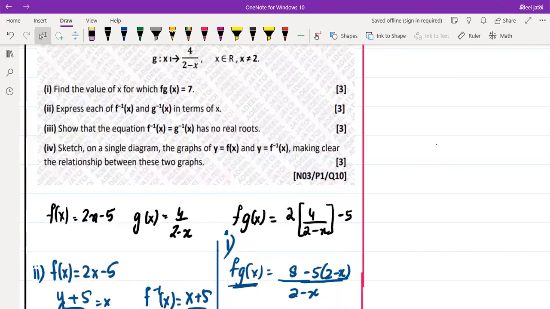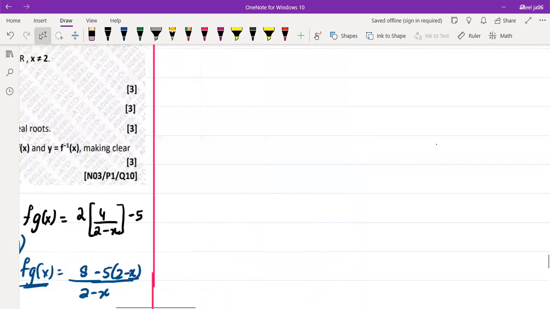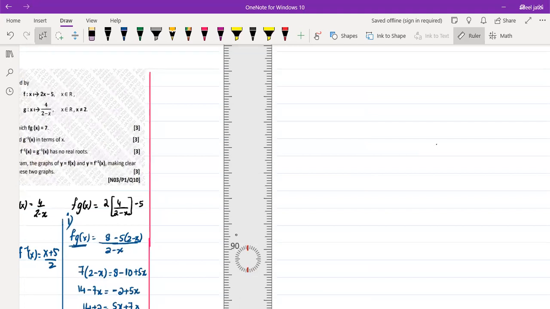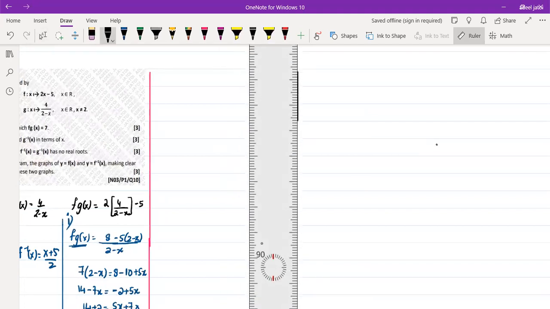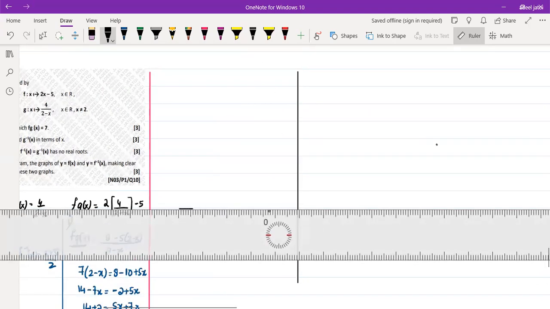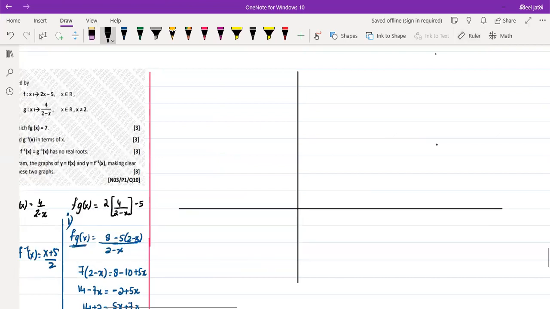Then part 4 says, sketch on a single diagram the graph of f(x). So if we just sketch using the values, 2x minus 5: if we substitute 0, we get minus 5.